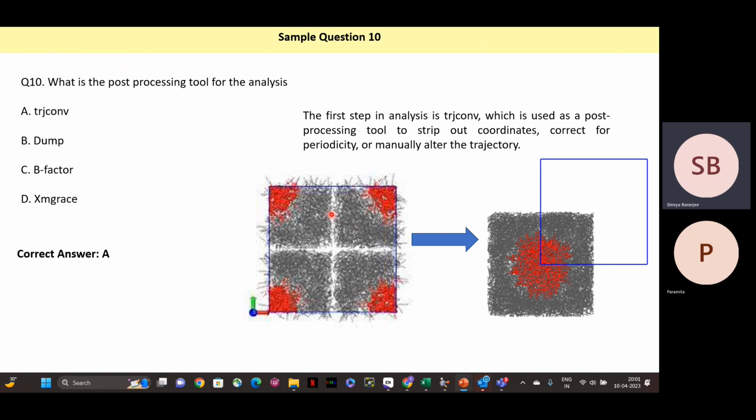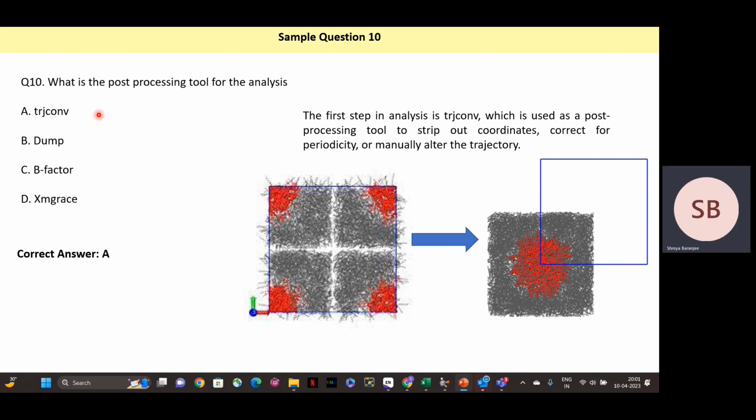As we discussed, what it does is that if the protein is breaking like this, that is, the trajectory abruptly ends here and continues on the left side, or abruptly ends on the left side and continues on the right side, then after processing, it puts all these images together to get a final complete image of the protein trajectories. So it is the post-processing tool, and so the correct answer is A.